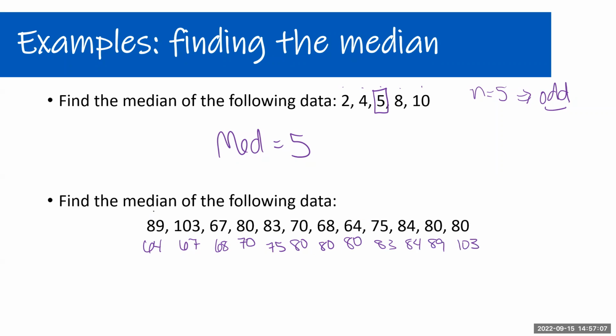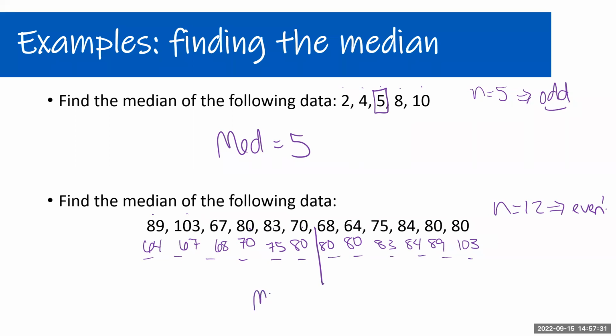So let's count. We have 1, 2, 3, 4, 5, 6, 7, 8, 9, 10, 11, 12, which is even, right? So now we need to split the data in half. So 1, 2, 3, 4, 5, 6. 1, 2, 3, 4, 5, 6. So that line splits our data perfectly in half.